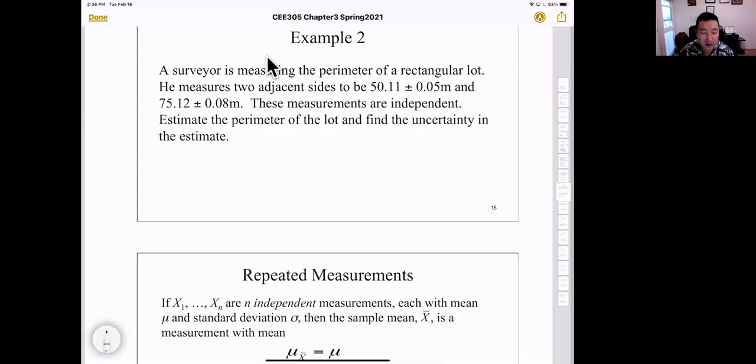So here is another example. A surveyor is measuring the perimeter of a rectangular lot.